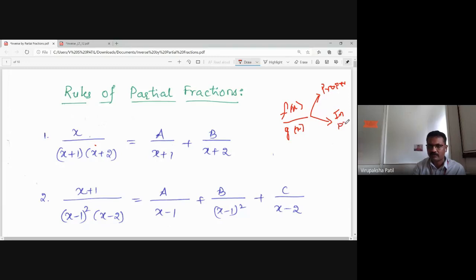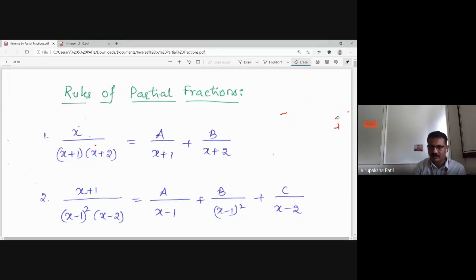A proper fraction is one where the degree of the numerator is less than the degree of the denominator; that is called proper. Improper means the opposite; you cannot skip that. Okay, so we'll directly discuss that.